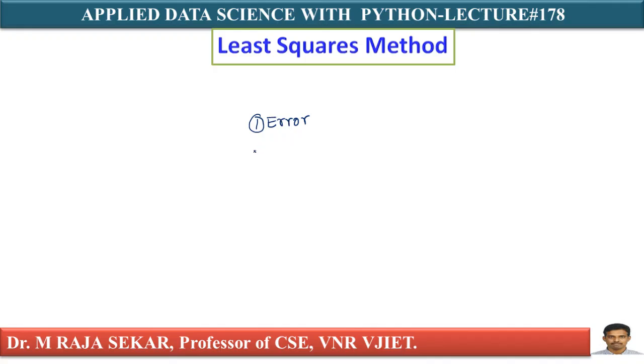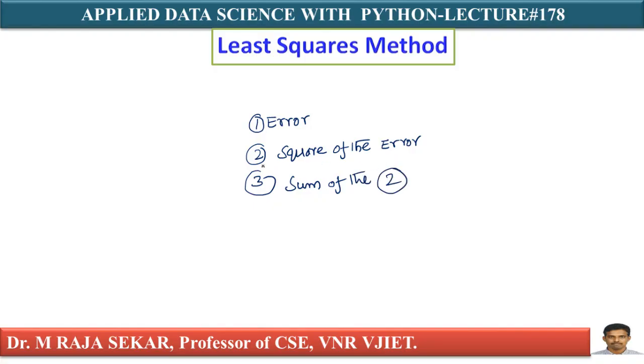After finding the error, we will take the square of the error. We already discussed the reason to take the square of that particular error, isn't it? After taking the square, I must take the summation. The sum of the squared errors, I can say like this.